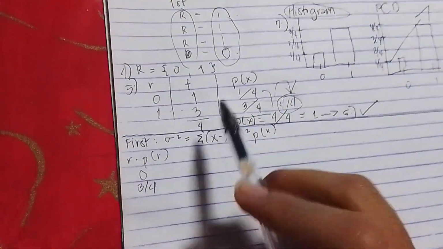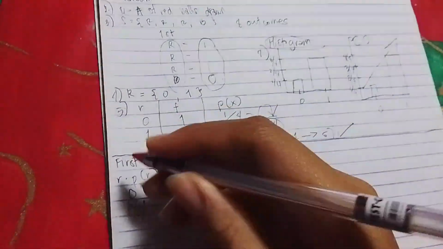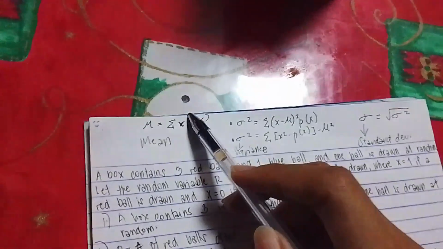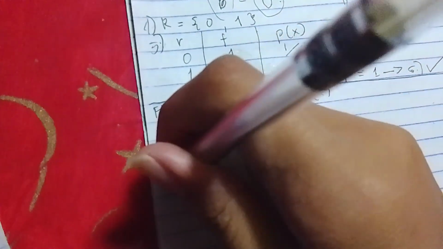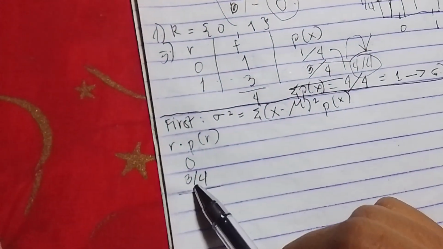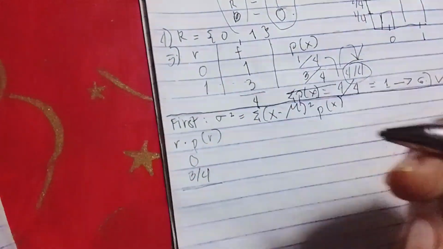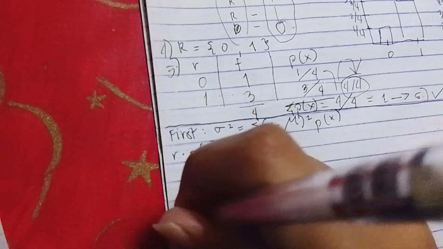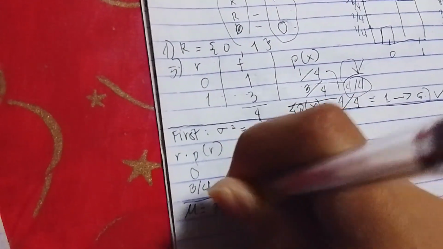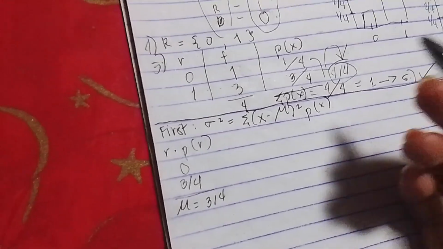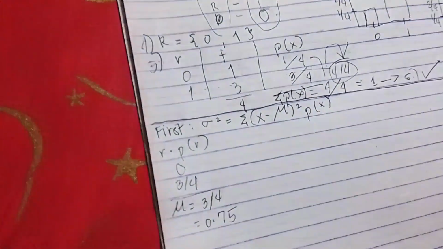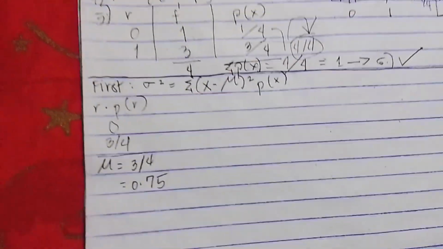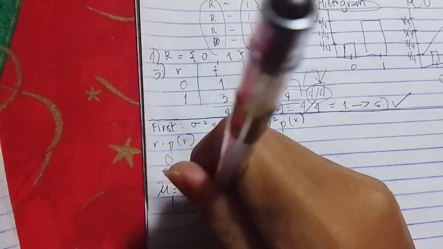In order to find mu, we will have to add all the r times p of r. So we will add 0 plus 3/4, which is equal to 3/4, in decimal form 0.75. So that's our mu, or our mean.